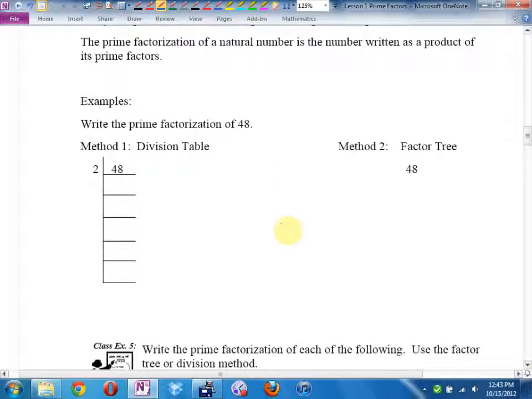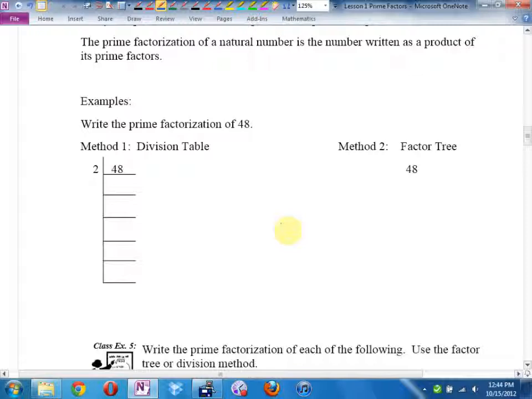Example. Write the prime factorization of 48. Now, there is a way to get there systematically, and I'm going to show you 2 methods for getting there systematically. Many of you will kind of reach the point where you'll just see the answer, and that's great too.